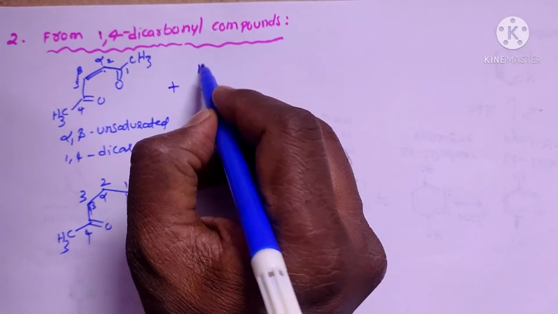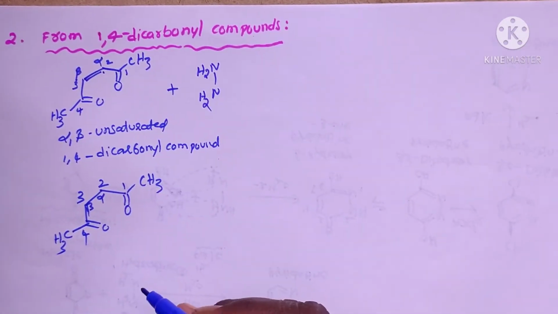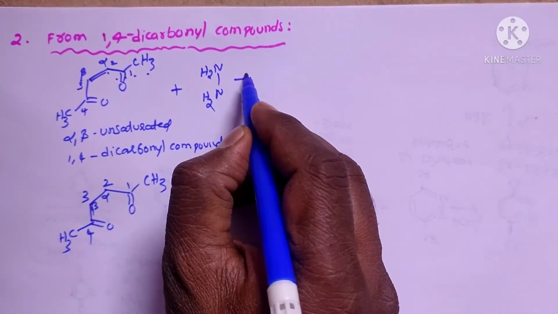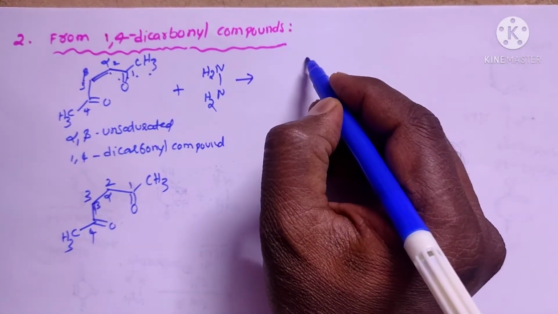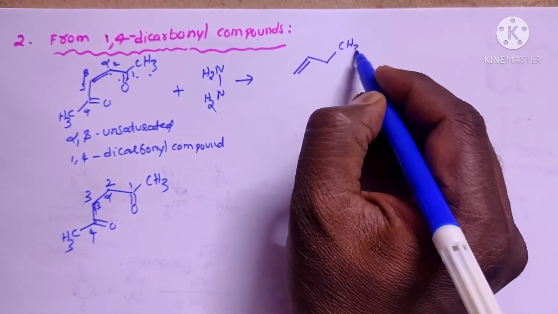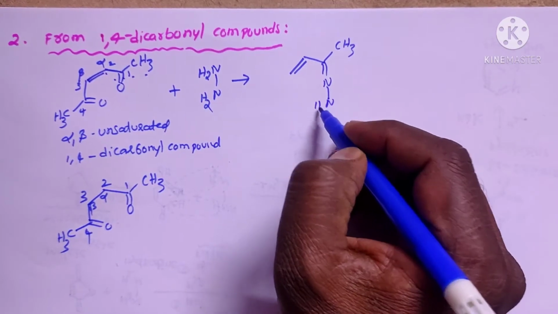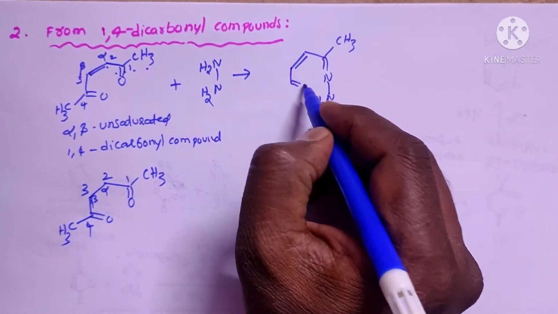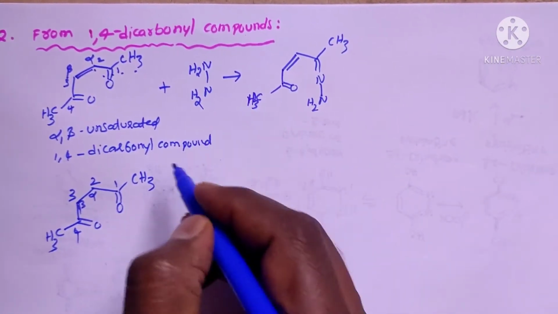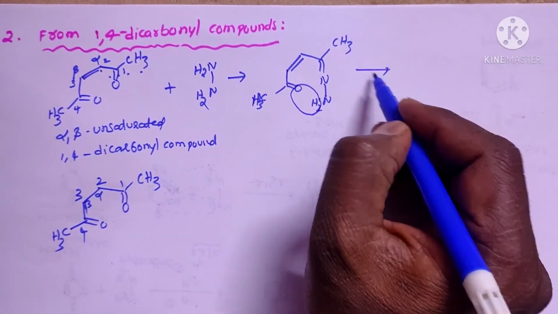Here when it is treated with hydrazine, look here, first of all, one water molecule goes outside. As a result, we get a condensed product here. Then one more condensation occurs and one more water molecule goes outside.